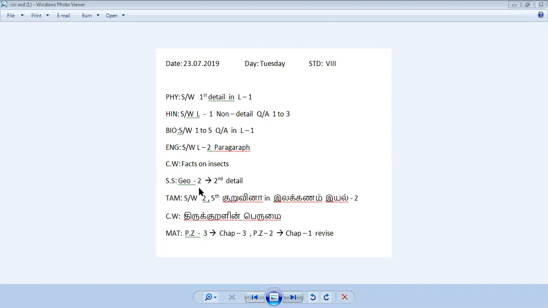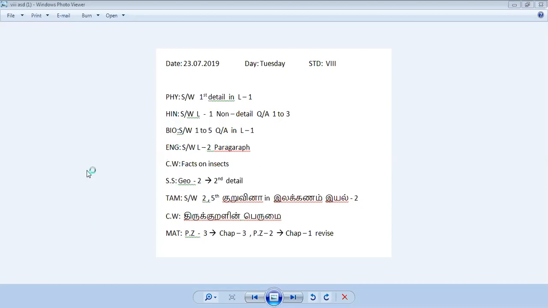Okay, right. Differentiate between rabi crops and kharif crops. Rabi crops are cultivated during the winter season, kharif during the rainy season. And for rabi, you can quote the examples cucumber and watermelon. And for kharif, you can quote examples paddy, cotton, maize, etc.